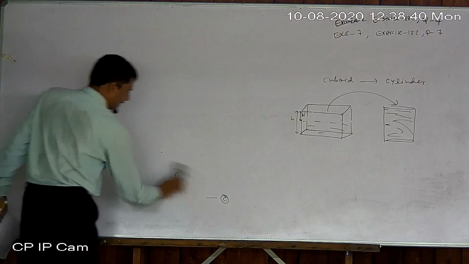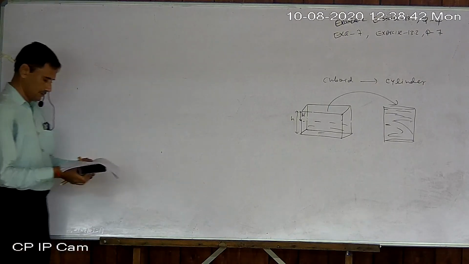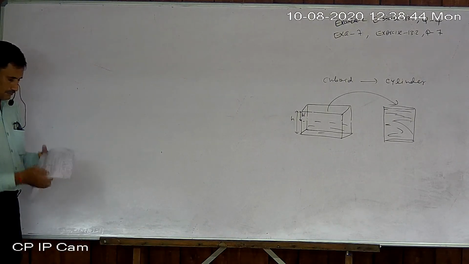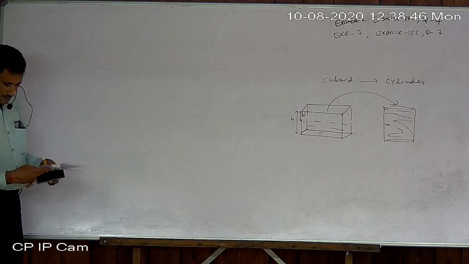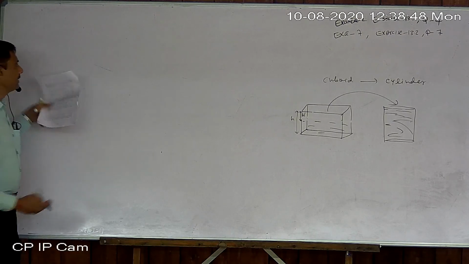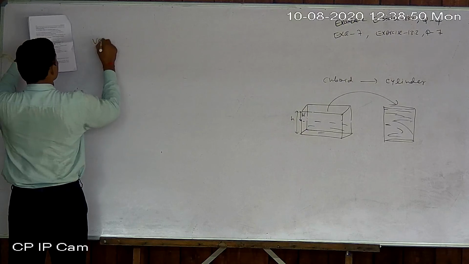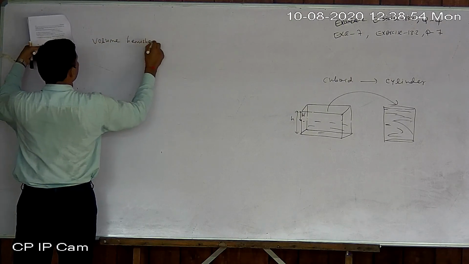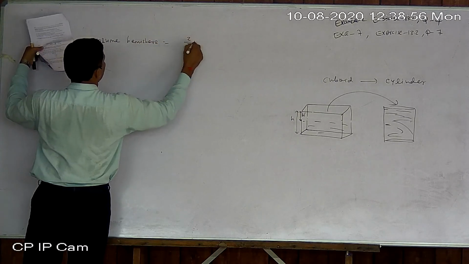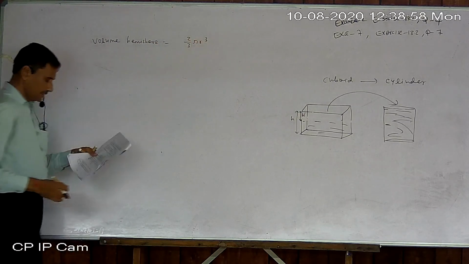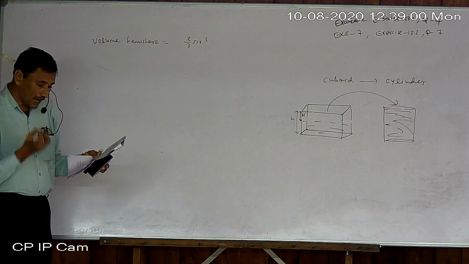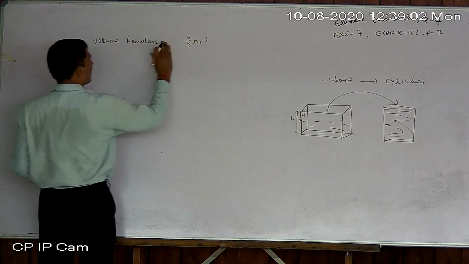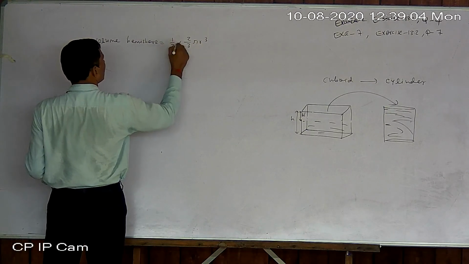You just find out the volume of the hemispherical tank. It will be 2 by 3 pi r cube, but only half of it is emptied, so just half of this.